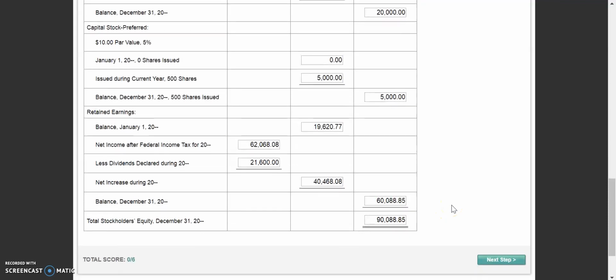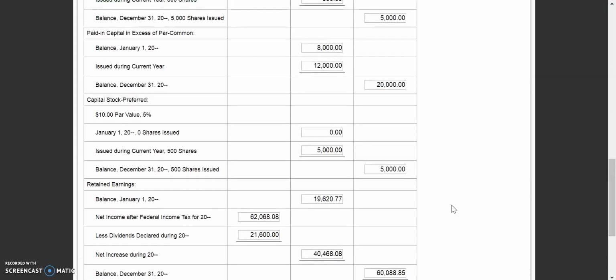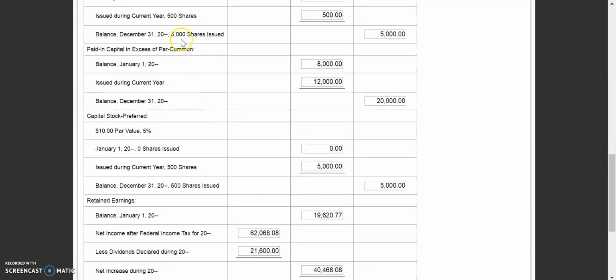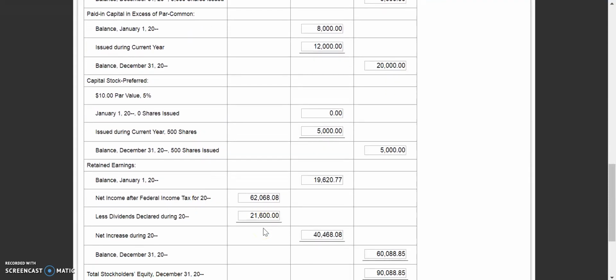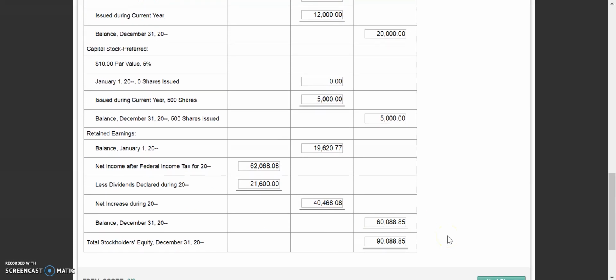So that is a statement of stockholders' equity. It essentially just shows the accounts that affect stockholders' equity, which mainly are our common stock, preferred stock, and our retained earnings, which remember is net income less any dividends that we pay. And that is that for our statement of stockholders' equity.